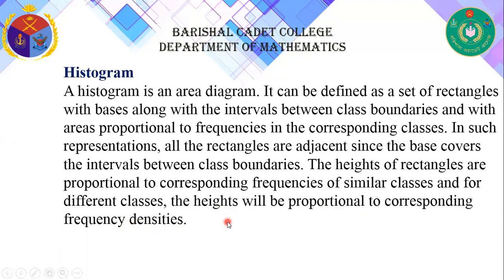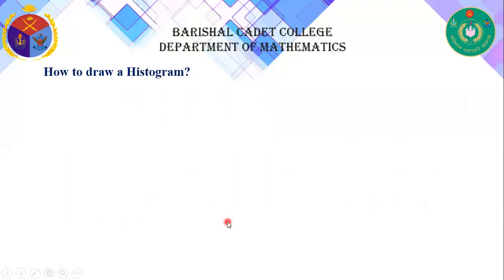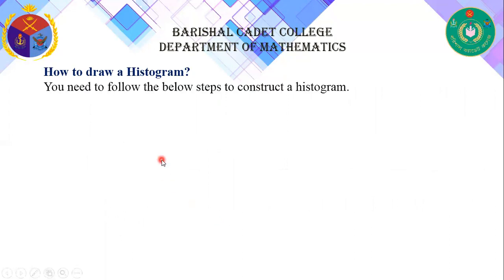Now, how to draw a diagram? Boys, we have to learn this thing very clearly, how to draw a diagram. You need to follow the below steps to construct a diagram.